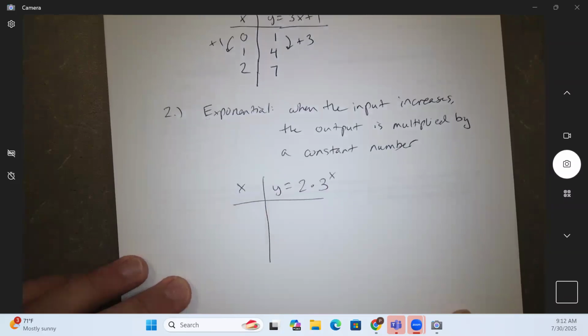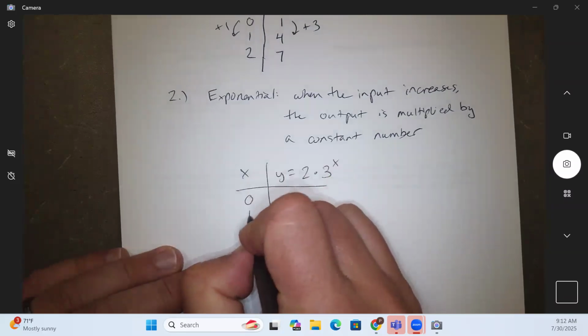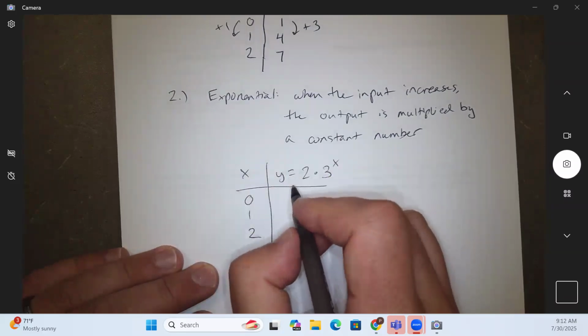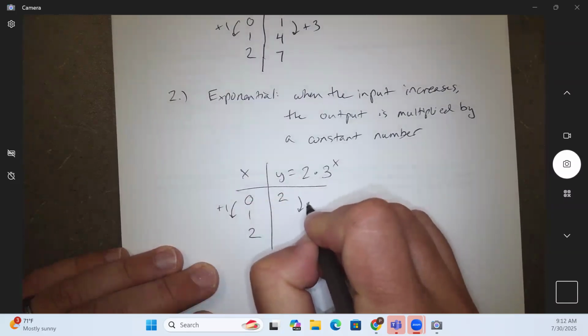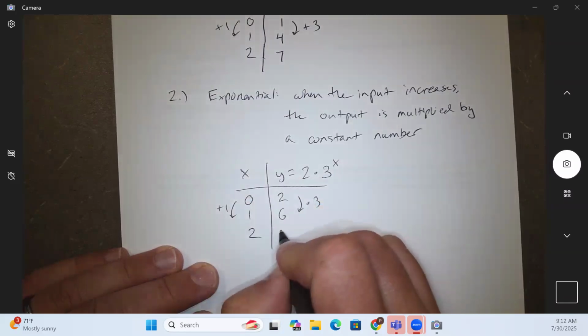All right, so here's our numerical. We start at 2, and when we increase, we multiply by 3 each time.